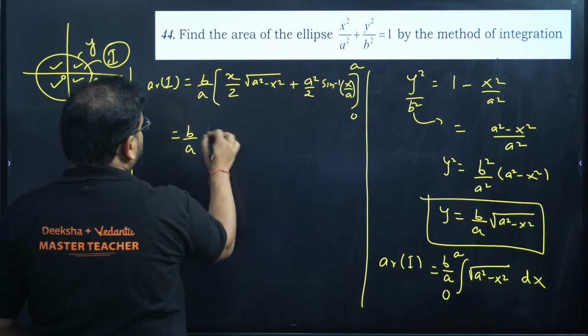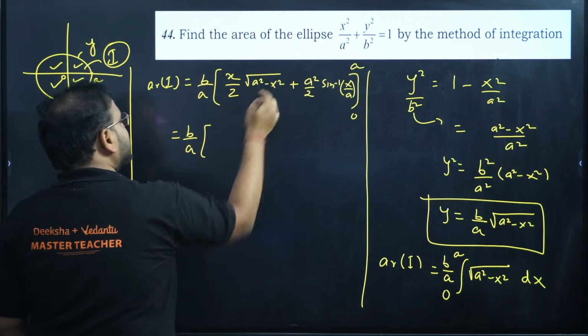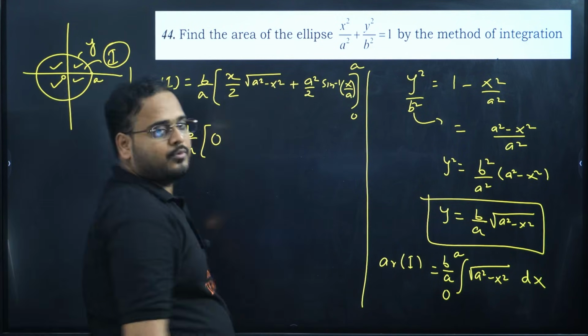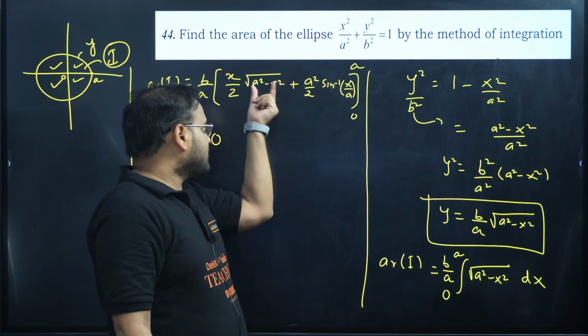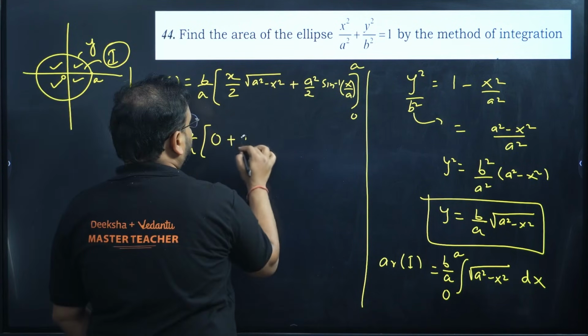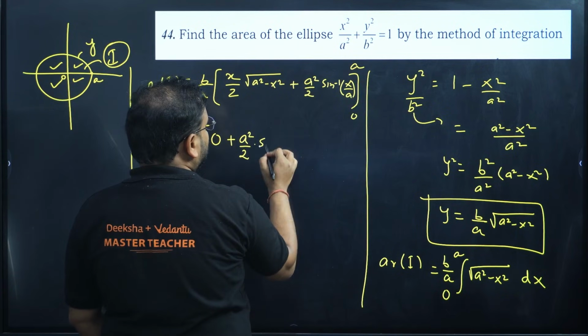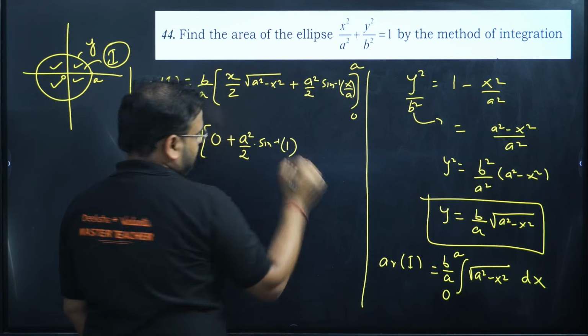And b by a, substitute the value of the upper limit a first. So you'll have a into a square minus a square, 0. Put x as a here, this whole thing is 0. Next, you'll have a square by 2, sine inverse of a by a. What is that? Sine inverse of 1.